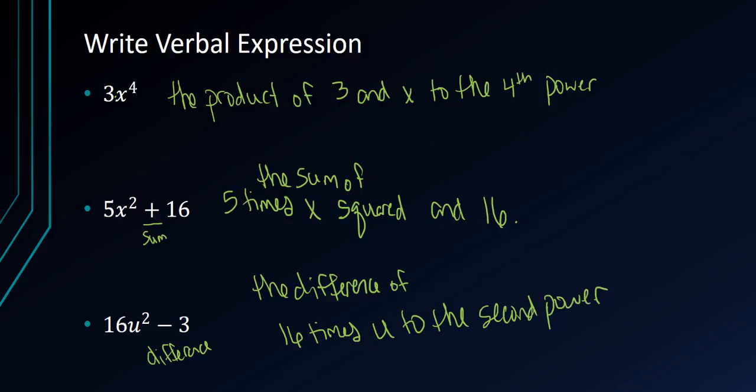Again, you could use squared like we did in the previous one. And 3. 16 times u to the 2nd power and 3. The difference of those. So there's multiple ways that you could write these out. Those are just the ones that I chose.